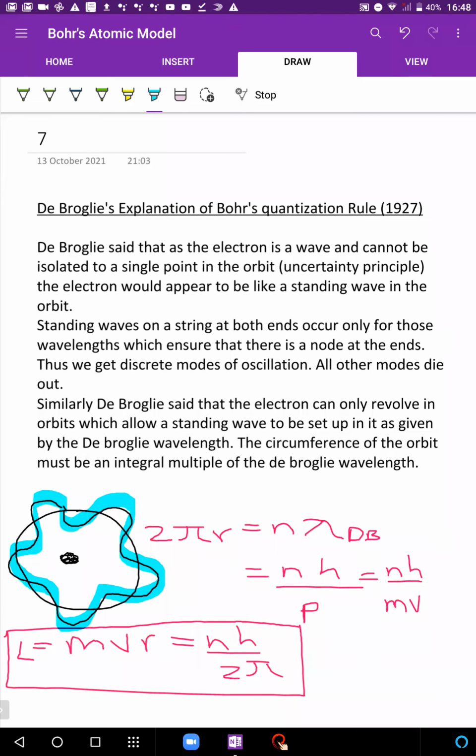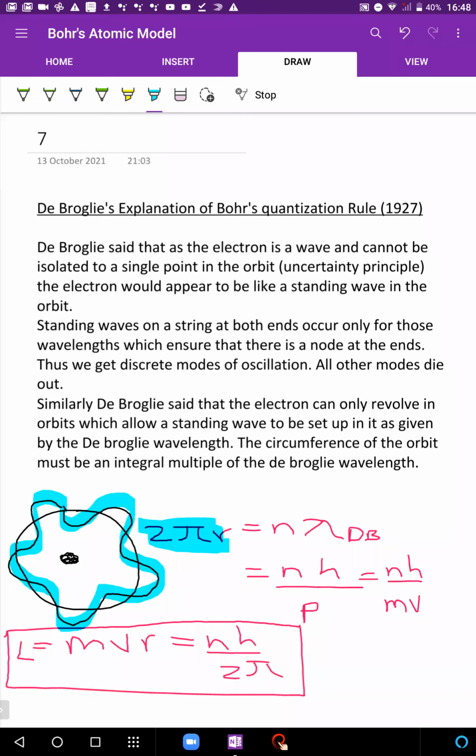Let's see what this means, and I'll try to explain that a little bit further. But just see how this purely brings out Bohr's quantization rule. The electron is now moving along a path whose length is 2 pi r.